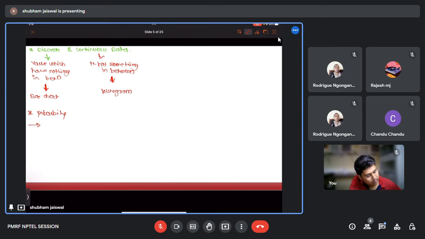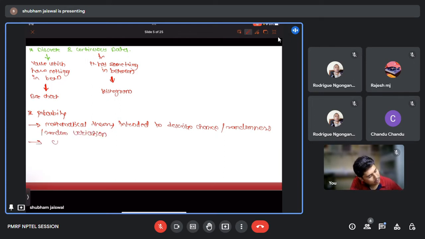It is the mathematical theory intended to describe chance or randomness or random variation, or in simple words, the chance of occurrence.